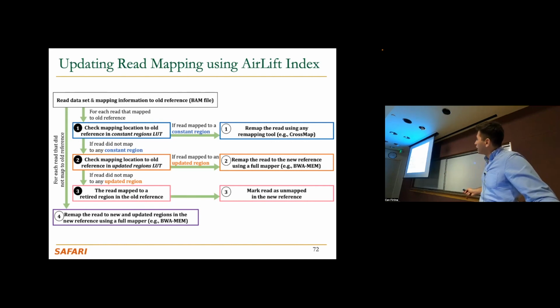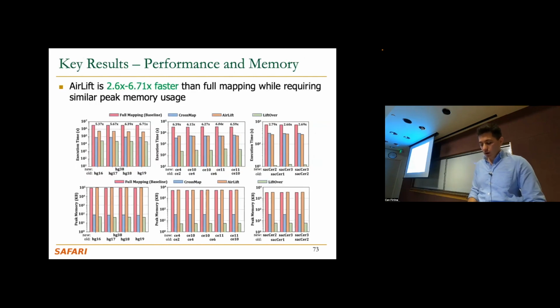And if you have any leftover reads that didn't map to the old reference genome, we also map them. So essentially, when you give the read mapping to the old reference genome, there are some regions where you don't have to do read alignment, so that we can minimize the operations for read mapping when moving to the new reference genome.